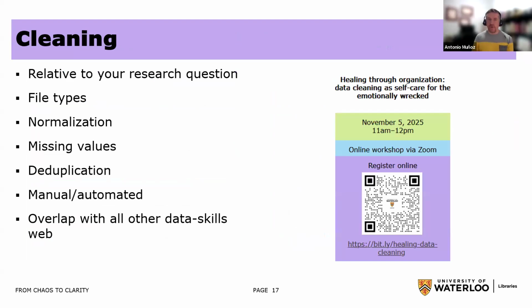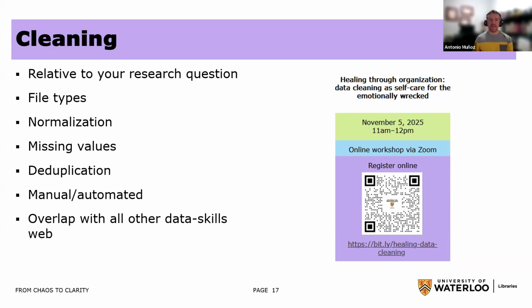Another very important part of the process of working with data is cleaning, and I have included a QR code there for a separate workshop that is part of this data journey series, where I will be talking in more detail about cleaning. The very important thing to remember when it comes to cleaning is that it's always going to be relative to your research question. The cleaning can involve looking at the different file types that you have.